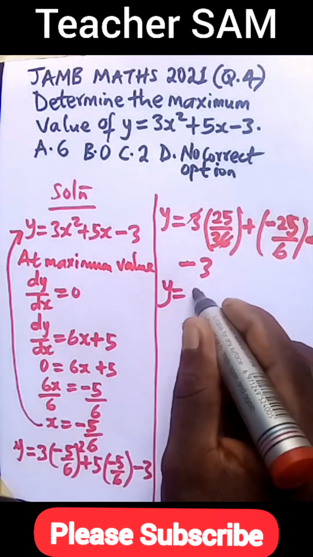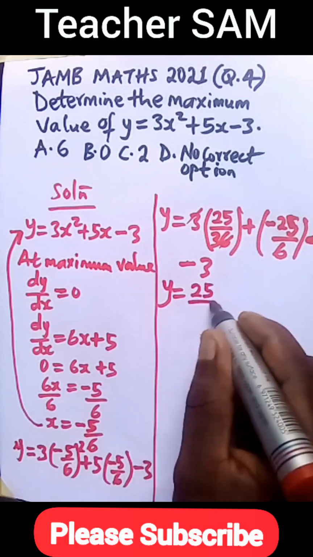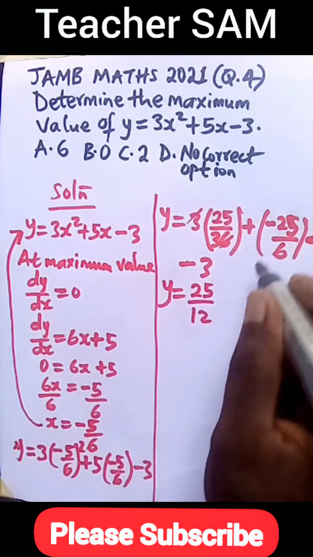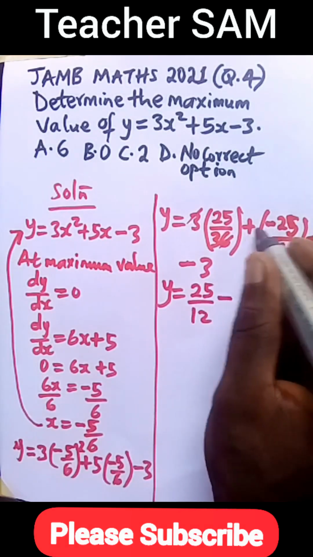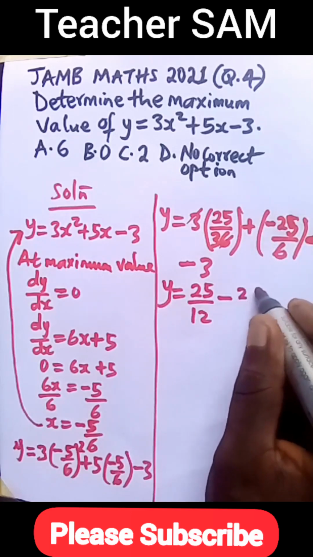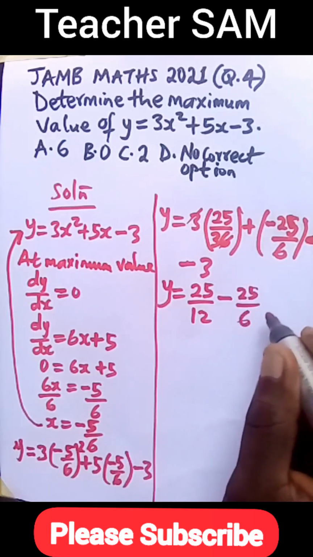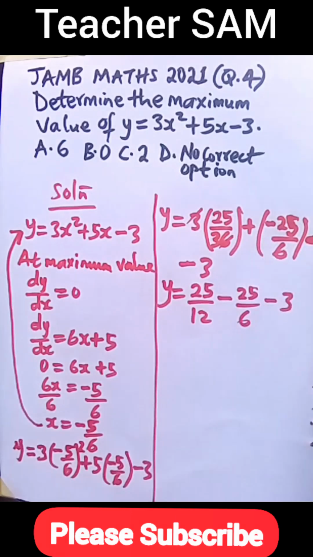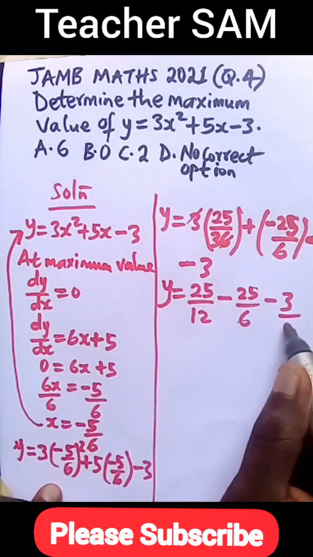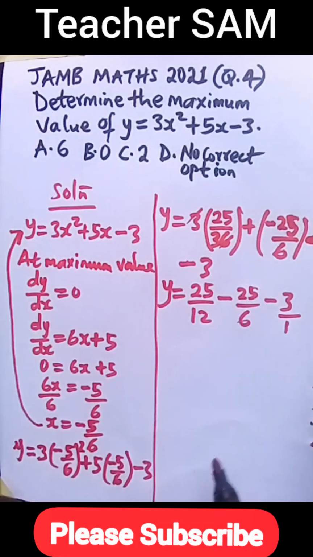So we still have our 25, so 25 all over 12. Now we have minus, because plus minus is minus, so minus 25 over 6. Then minus 3. Now this is over 1, if we must indicate for the purpose of simplicity.